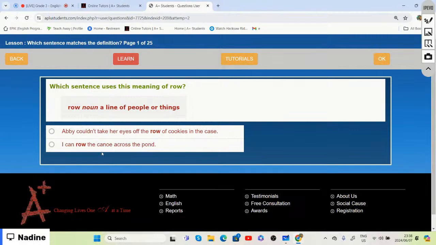The first one says Abby couldn't take her eyes off the row of chocolates in the glass. Or the second option, I can row the canoe across the pond. Which one is the correct one?